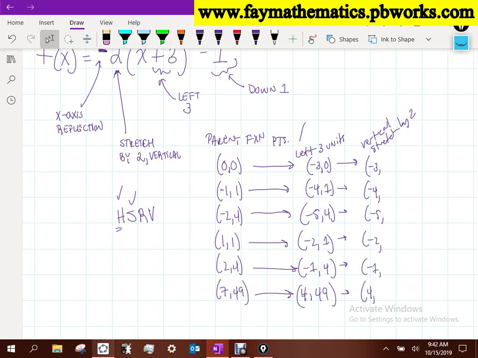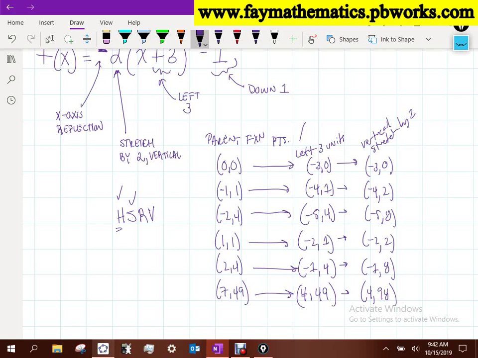And now these y's are going to go and double, right? Okay. So now I get 0 there. I'll get 2 there, 8 here, 2 there, 8 there, and 98 there. Okay. So we did the stretch.